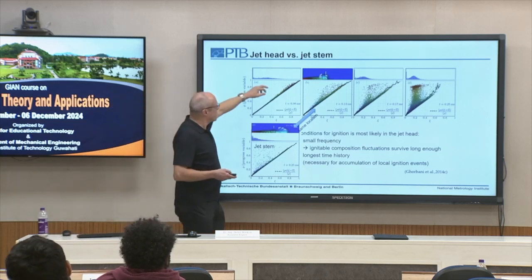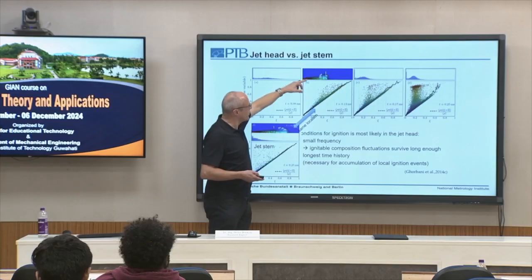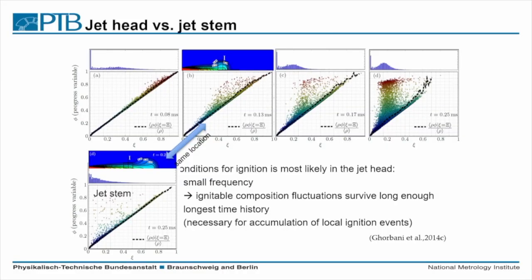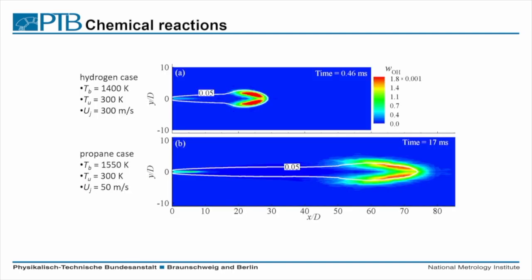Here in this hot region, we can also see that local ignition may take place, but the shear stress is so strong, the mixing with the cold surrounding is so fast that there is no global ignition. This has to happen here at the tip of the jet.